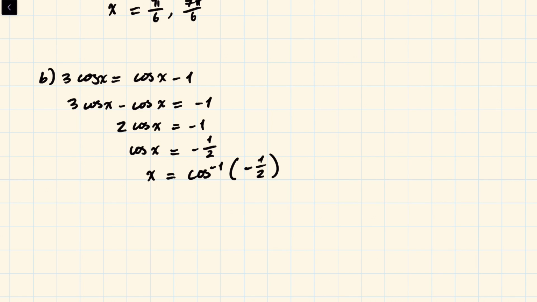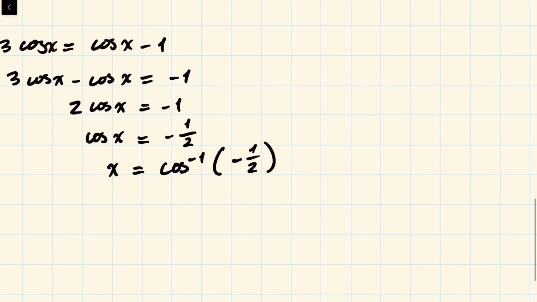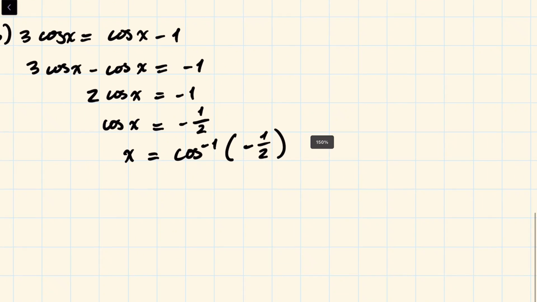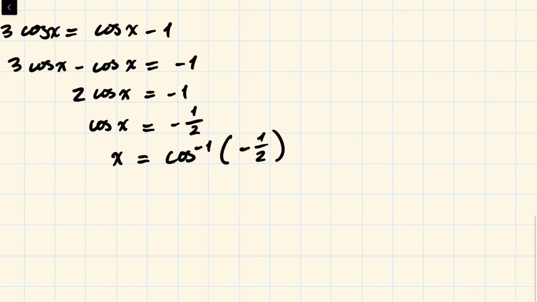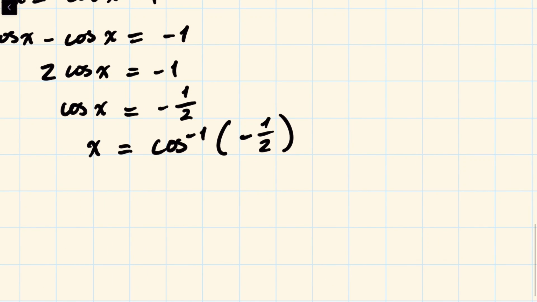Okay, and now we need to ask ourselves what special angle. All these examples are special angles, by the way. If they're not, then you will probably be permitted to use a calculator, unless you are solving using compound angle formulas, but not in this case.